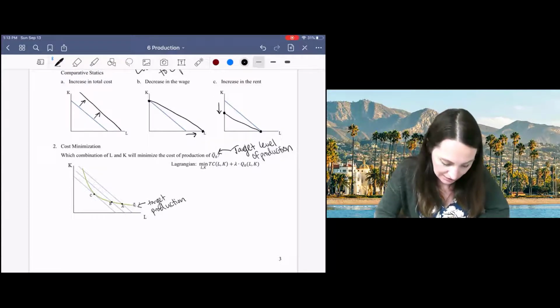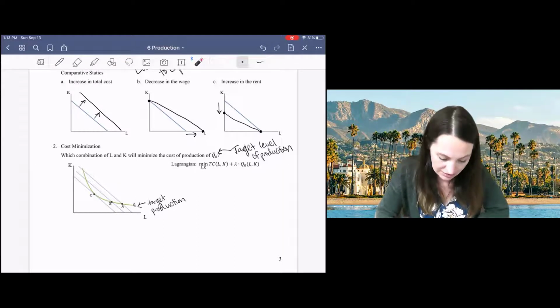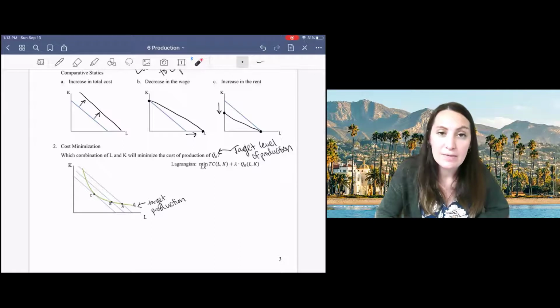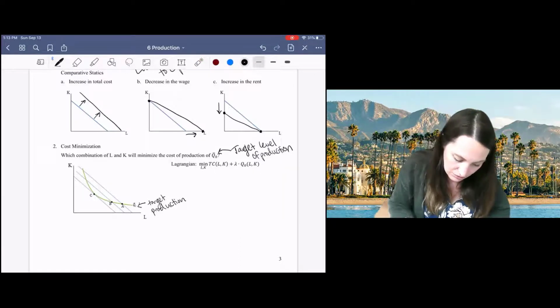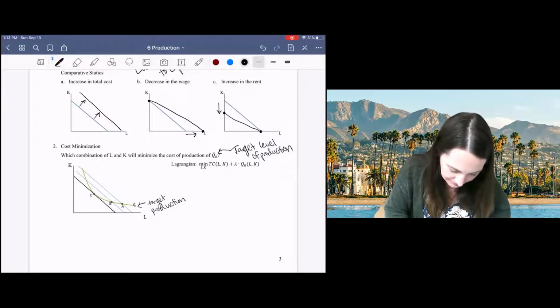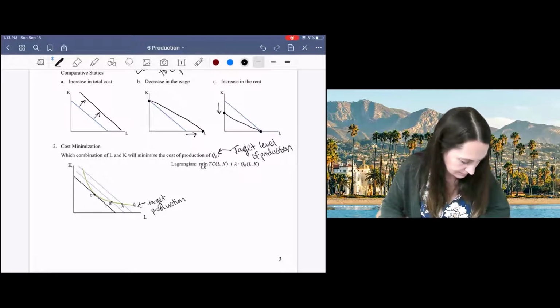So you can see point A, point B, and point C are located along different isocost curves. What we would like to do is to produce this level of output at the minimum possible cost. And so we want to be on the isocost curve that is lowest while still intersecting our isoquant.